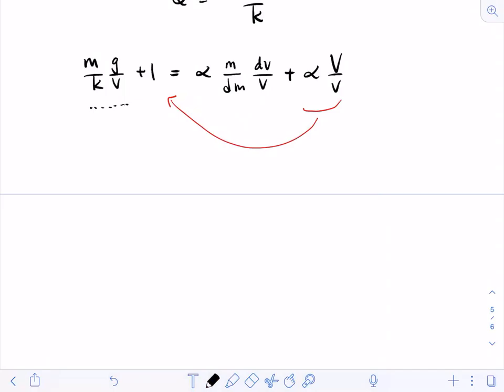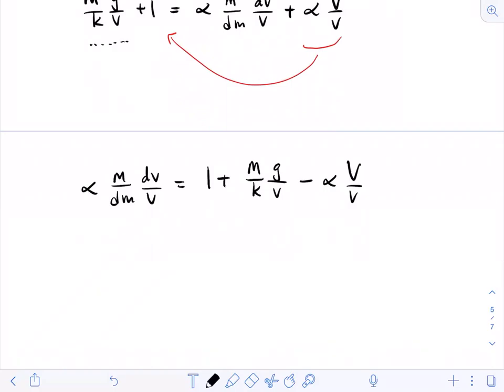When we do that, we'll get alpha m over v dv/dm is equal to, well, what do we have? 1 plus mg over k v. That's our new term that we didn't have before. And then we would have minus alpha v over v.